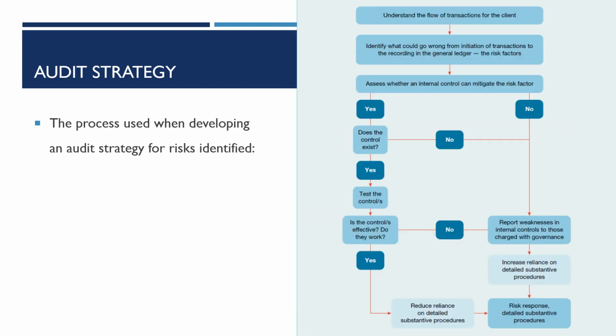I just discussed an example in the previous slide for the development of an audit strategy at the financial report level. In practice, an audit strategy is developed for each identified risk at the assertion level. Risks are identified during gaining an understanding of the client. As we looked at in earlier videos, there are factors that impact the identification of risks.